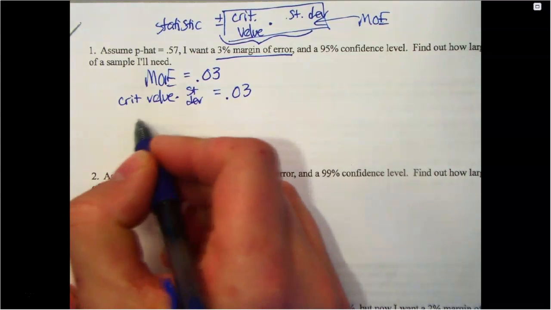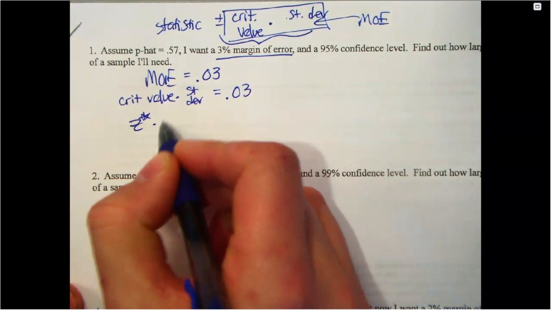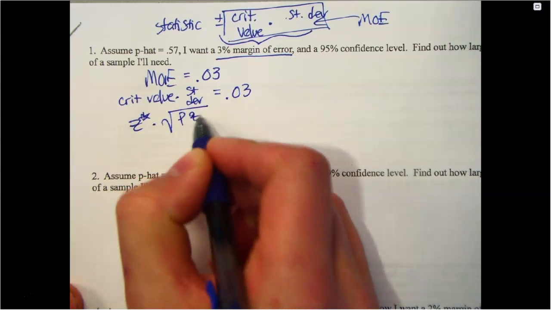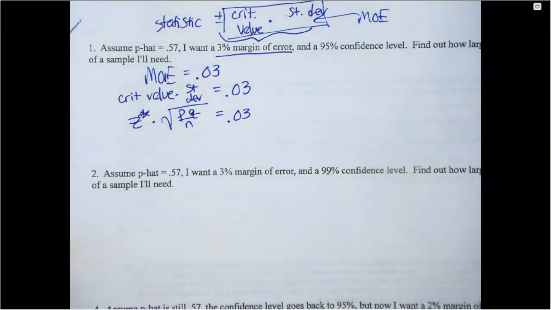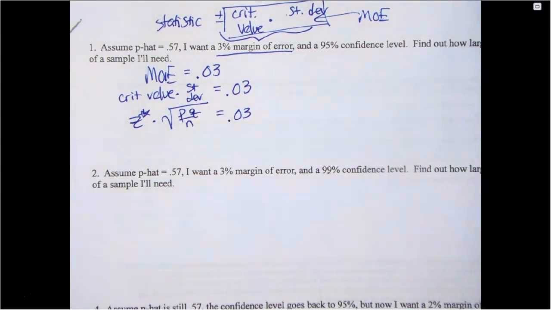So your critical value, Z star, standard deviation, square root of PQ over N.